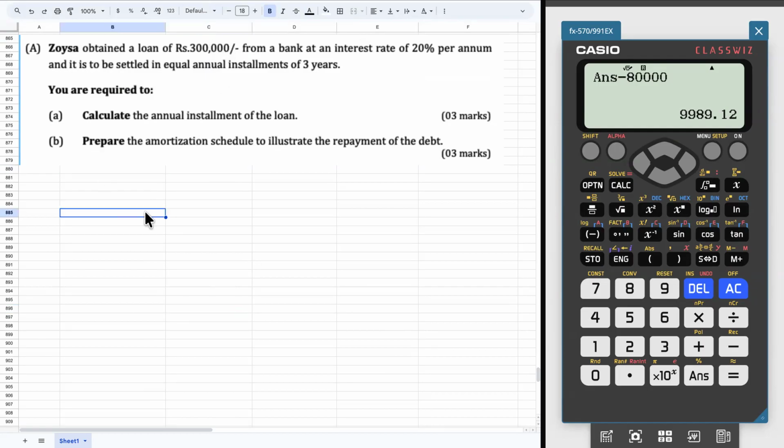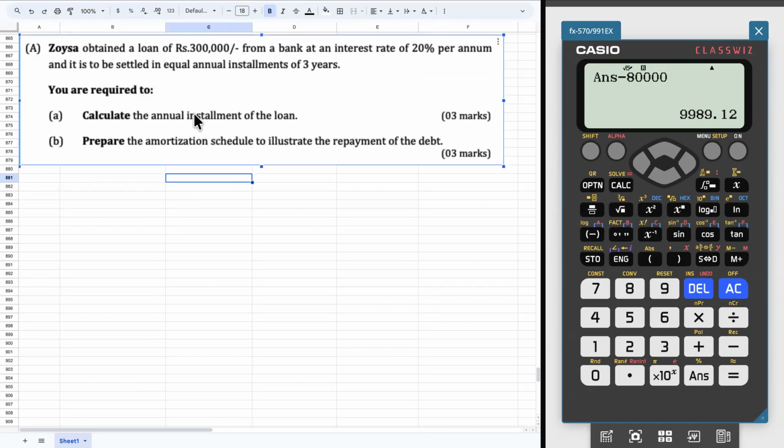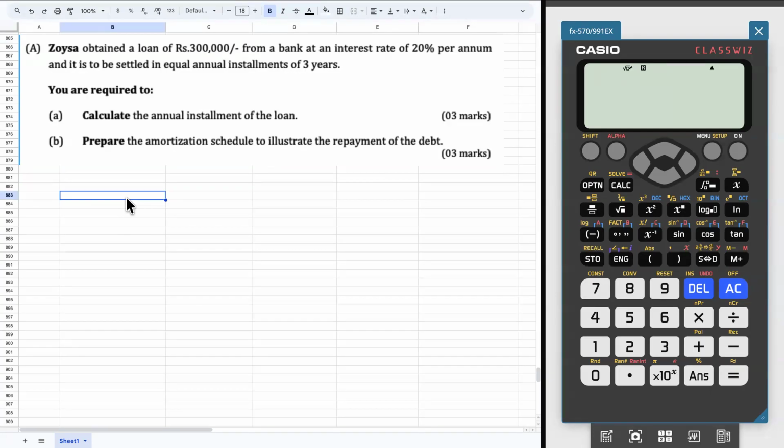Now the first question is asking to calculate the annual installment of the loan. This is going to be your fixed question, my dears. Every paper you are going to have this: calculate the annual installment. So please make sure you are putting your attention here, because this is a continuous question. Now let me talk about it here.